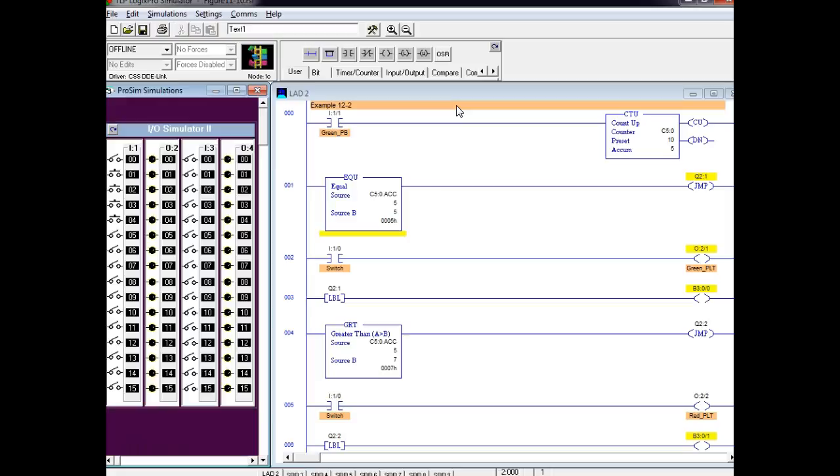I'll look it up. And you have to turn it on, by the way. So up here on the top, right now force is disabled. You enable force, and you can actually run a PLC program without having a PLC, or without having inputs and outputs hooked up to it.